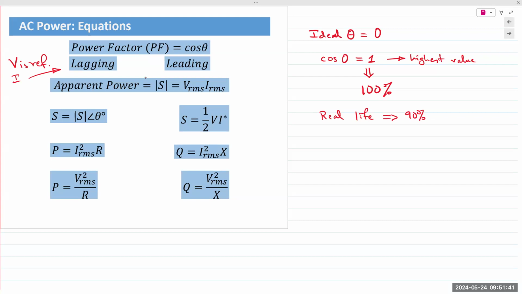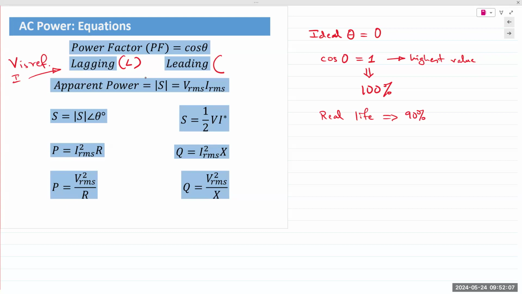This happens only in an inductor and a capacitor. For an inductor, voltage always leads the current by 90 degrees. Remember, ELI the ICEman. If voltage is your reference, then you state that the current is lagging. So lagging only happens in an inductor, and in a capacitor, current always leads the voltage by 90 degrees.